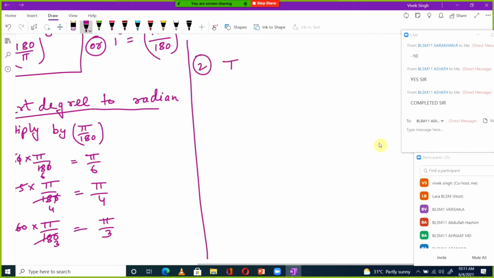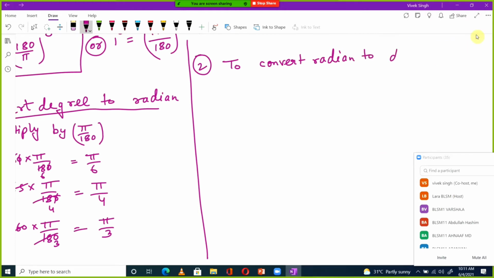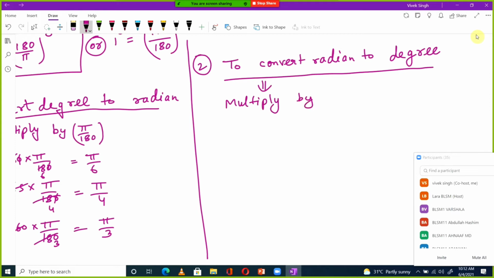To convert radian to degree, you have to multiply by 180 by pi. Or the same thing, in division form, you can write that you have to divide by pi by 180. But multiplication will be better.